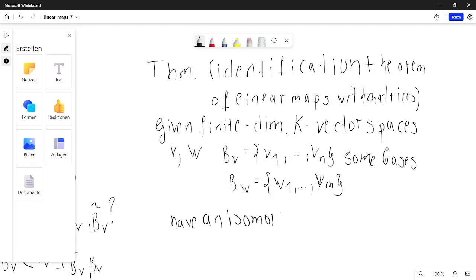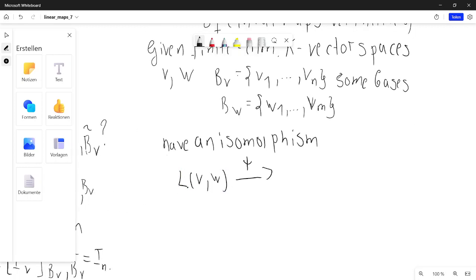And recall the spaces that we will consider now in the isomorphism. Now, W psi. Recall that this was the space of linear maps L from V to W. L is linear. To what space? Well, what would you guess?